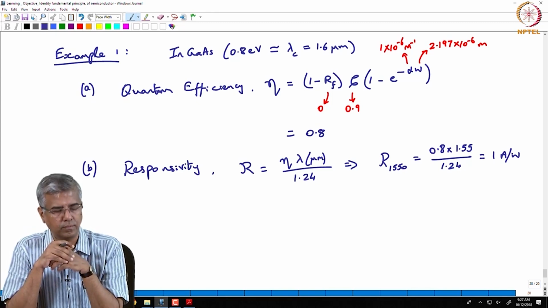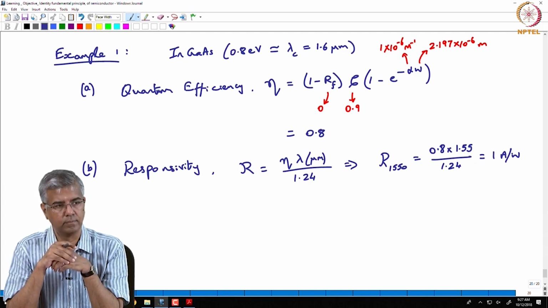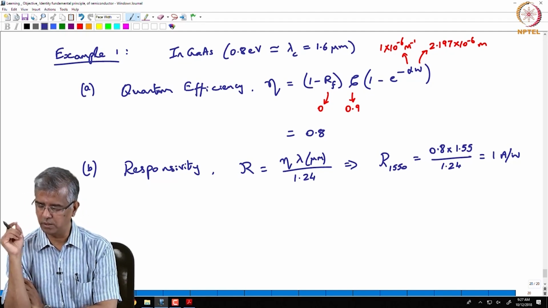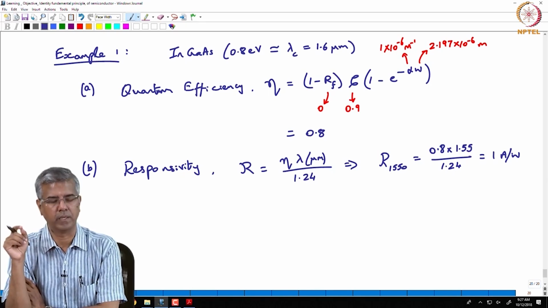So, for light sources, we need always a direct semiconductor. Direct, yeah. Detection, we can use indirect also. So, yeah, it is a good question. So, LEDs, we insist on having a direct band gap energy semiconductor.